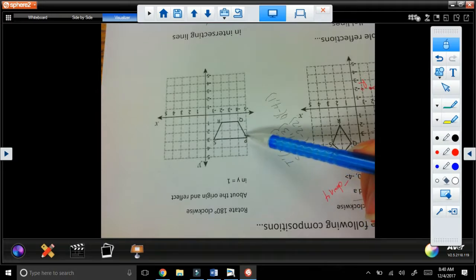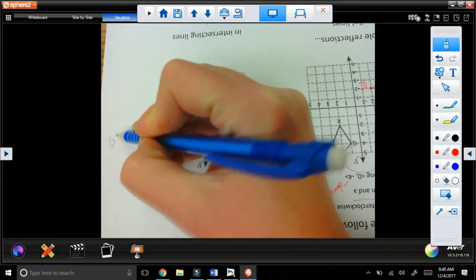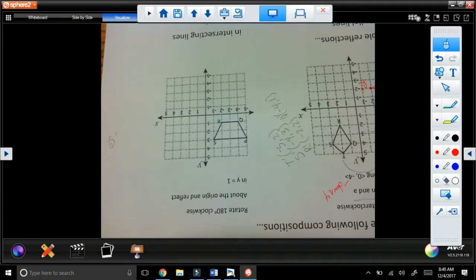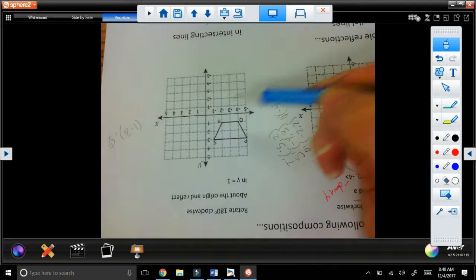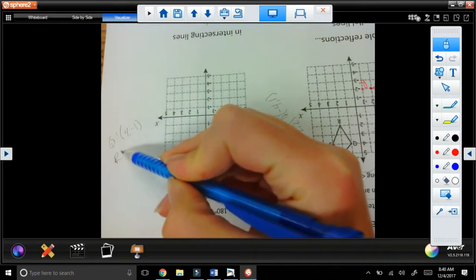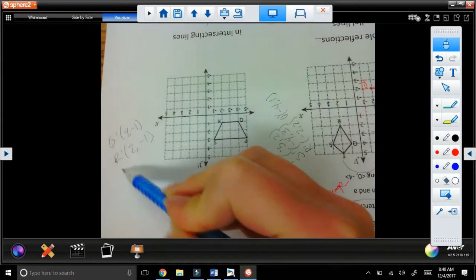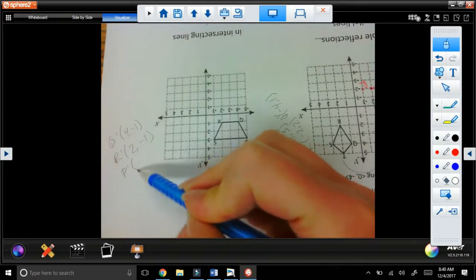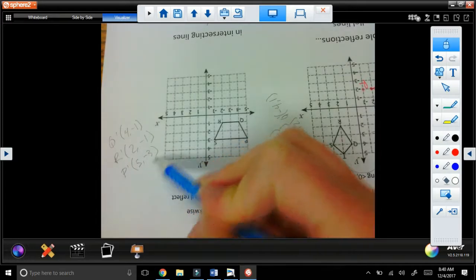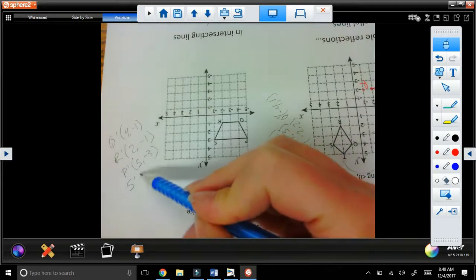If you want to jot those down, we have Q prime is at 4, -1. We have R prime at 2, -1. P prime looks like it's now at 5, -3. And S prime at 1, -3.